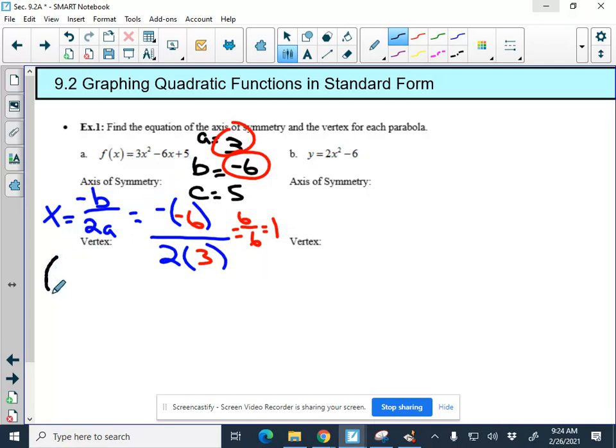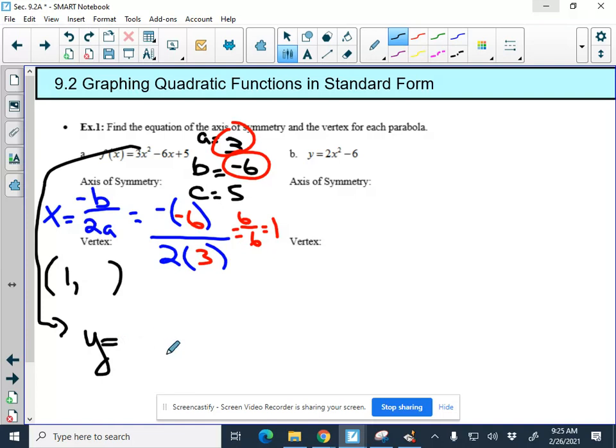Now, our vertex, since our axis is x equals 1, our vertex is at 1 comma something. We figured out x is 1. That process is to help us figure out x is 1. And it looks kind of long, but as you go, you can do a lot of that in your head, and that's possible. But now what we have to do is we have to take this formula, this equation, and we have to put 1 in and figure out y.